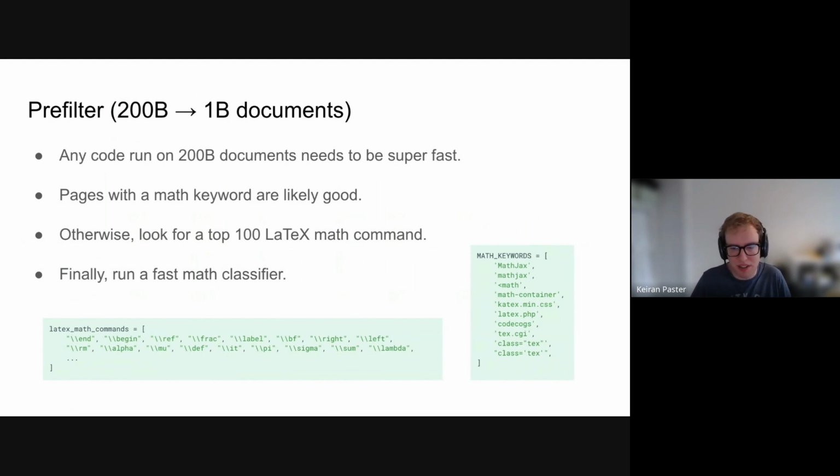We also use a list of the top 100 LaTeX commands, and if one of those shows up in the text, we also let it through. Otherwise, we run a really fast math classifier. Basically, this is a very high-level, very fast filter to say these are the things that are likely to have math, and we should take a closer look at them, and everything else we'll just throw away.